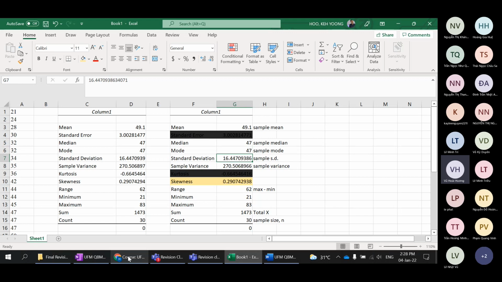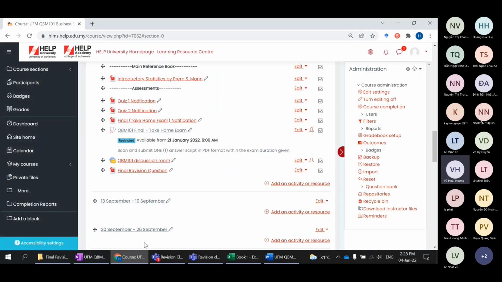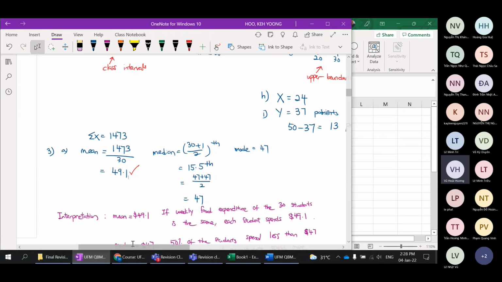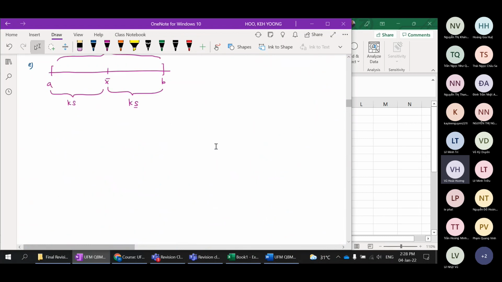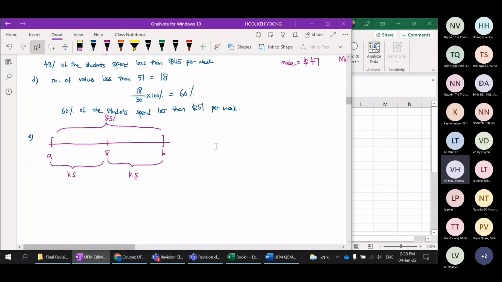So for example, for question E, because we need the standard deviation, the S, the sample standard deviation, of course, you will have to use the formulas. Show the workings, how you get it.